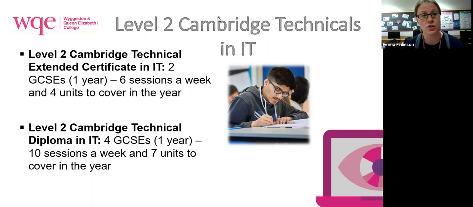Because it's a larger course, this is taught in 10 sessions a week, and we cover 7 different units over the year. So the extended certificate is worth 2 GCSEs and the diploma is worth double that, and of course you cover more units in the larger course.